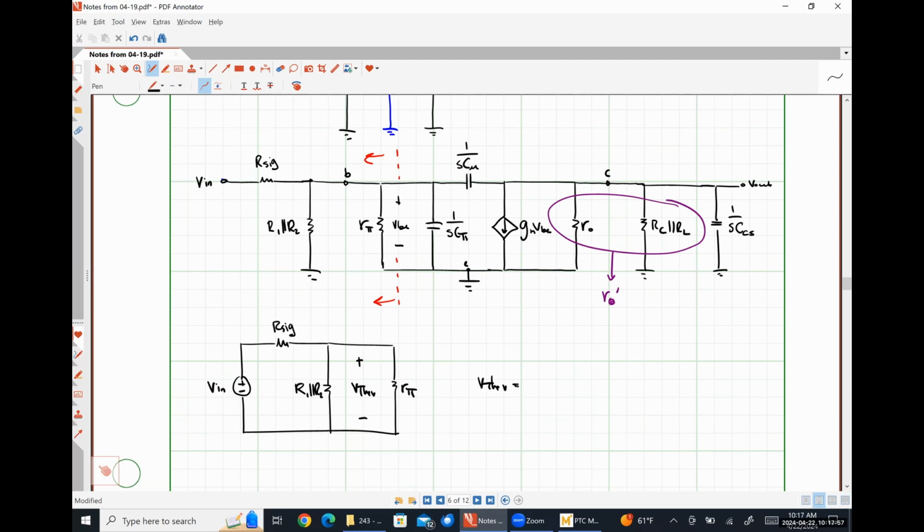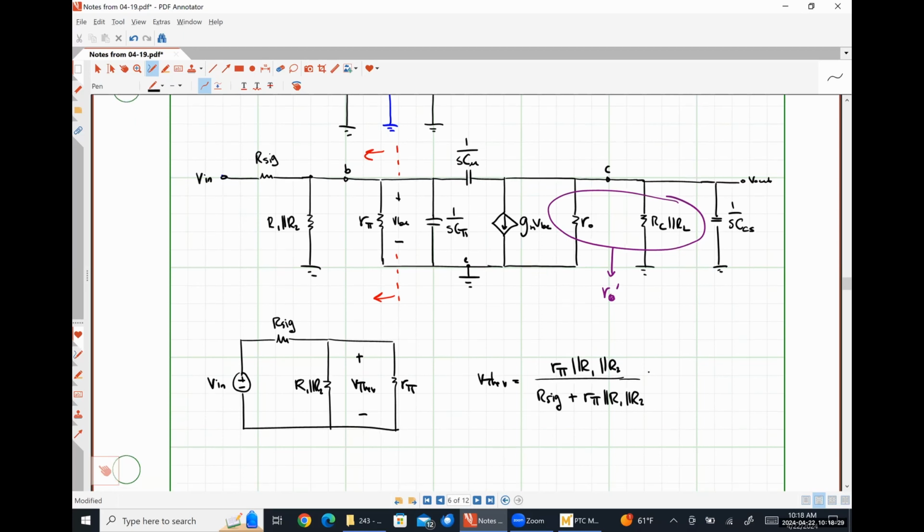So using voltage division, VThev is nothing more than R pi in parallel with R1 in parallel with R2, over R sig plus R pi in parallel with R1 in parallel with R2, times Vn. We okay with that?